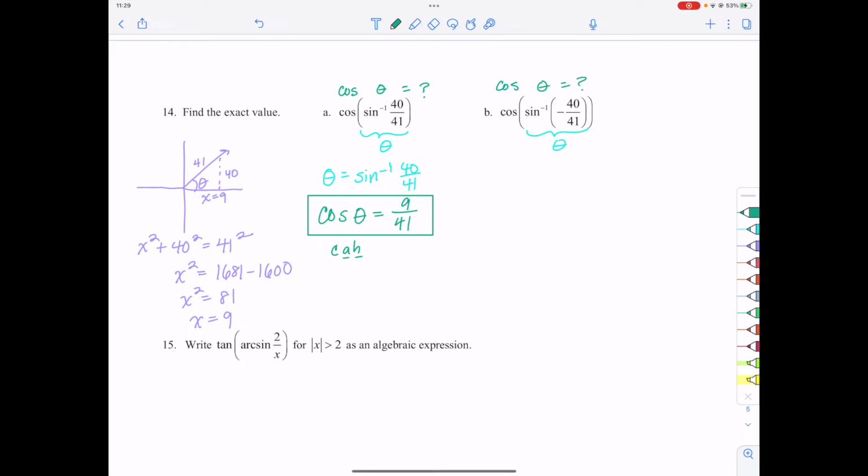We're looking for that exact value. Well, what can you say? You can say that theta is the sine inverse of negative 40 over 41.